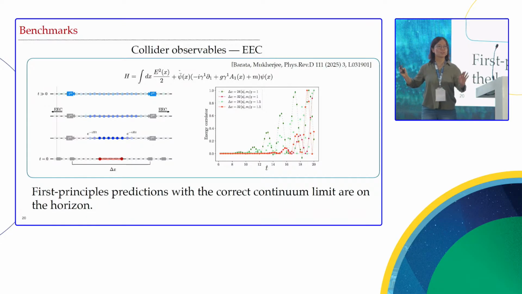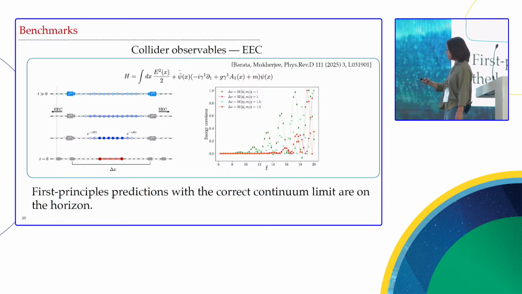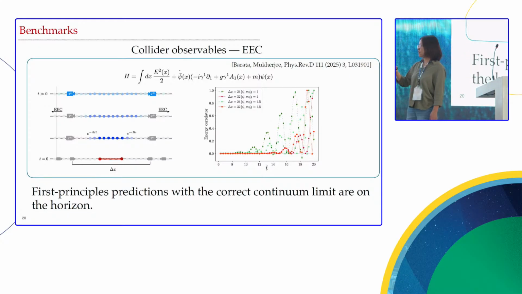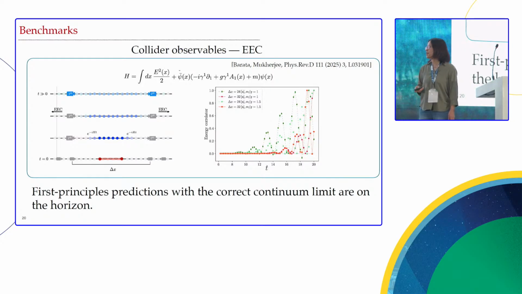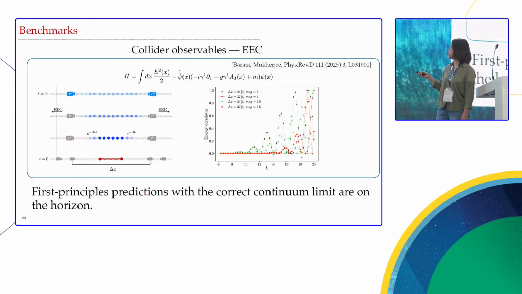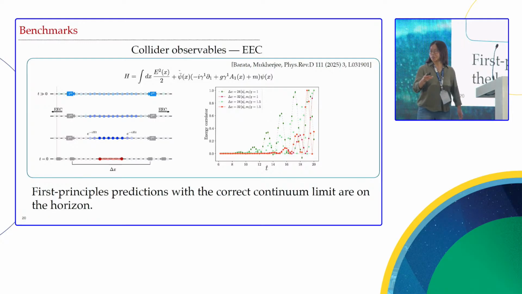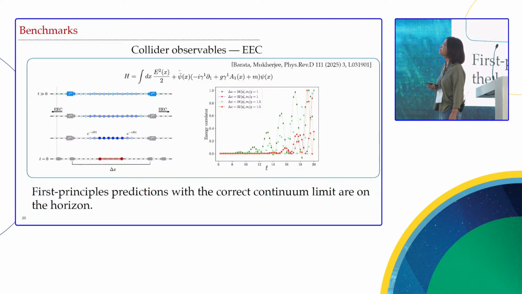Right? This is the relativistic movement of the particles. And I would like to tell you, we are currently working on some predictions that could match the correct continuum limit, so stay tuned for these very exciting results related to collider observables.